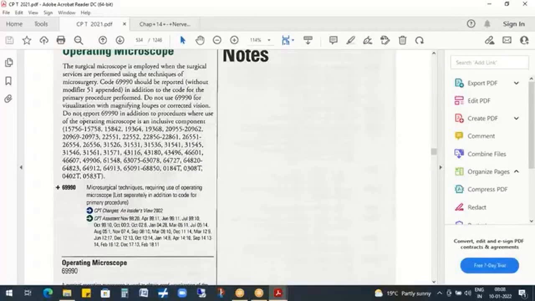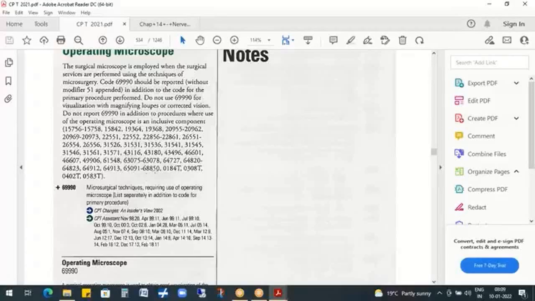In all these codes, the operating microscope is included. Do not report 69990 in addition to the procedure. If the code is not present here and a procedure is performed by a physician using an operating microscope, you can code it separately.